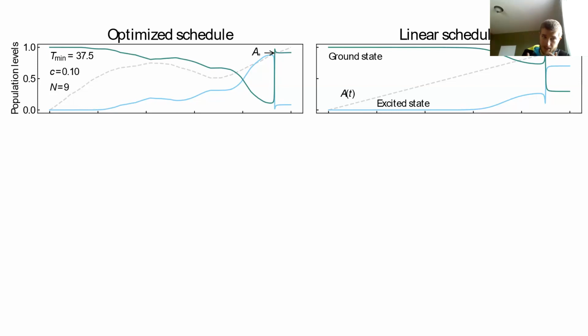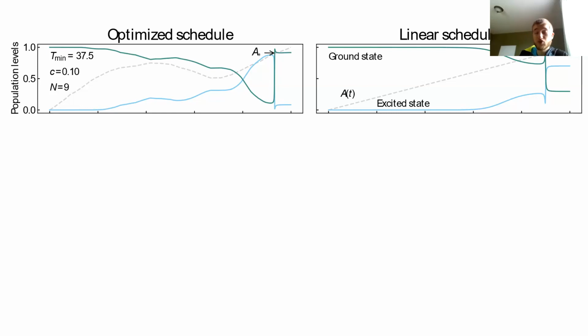Whereas on the optimized schedule side, the ground state population in fact decays for quite a while, and becomes less than the excited state population until it reaches again this A star where it inverts a second time.